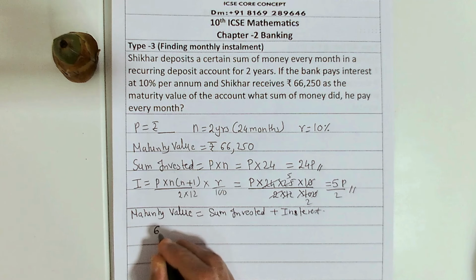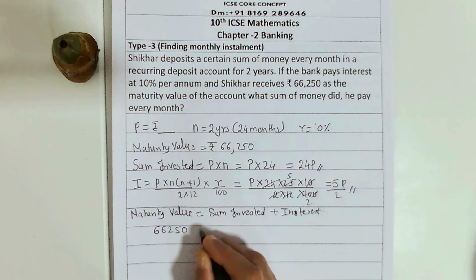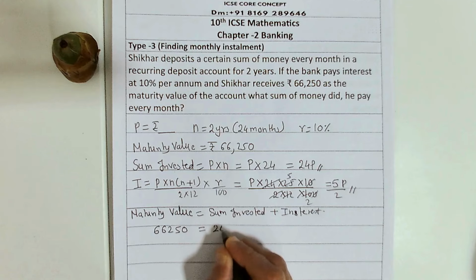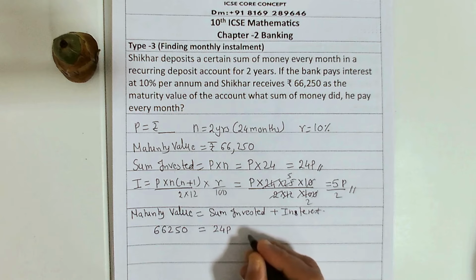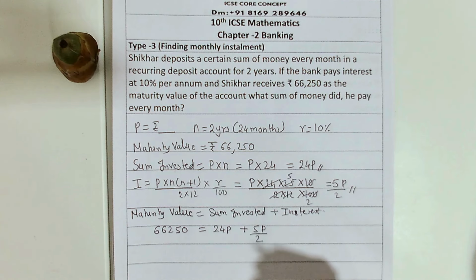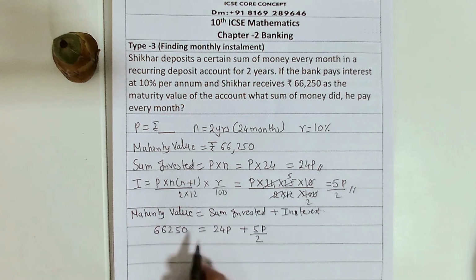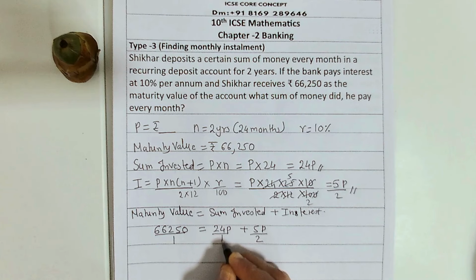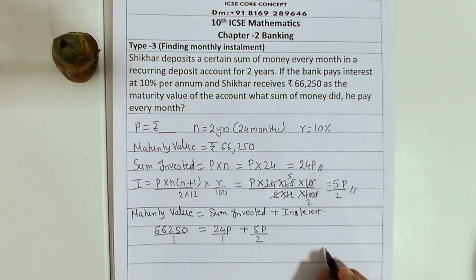Maturity value is 66,250. Sum invested, as we have calculated above, is 24P plus interest is 5P upon 2. Now instead of moving the values here and there, I will always recommend remove LCM. So as you remove LCM, LCM is 2.